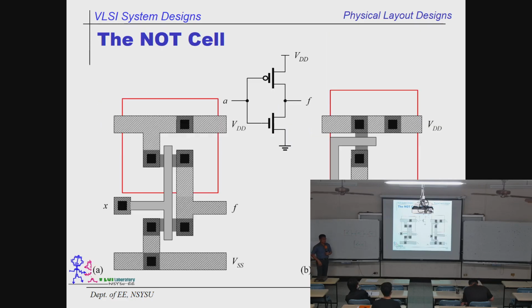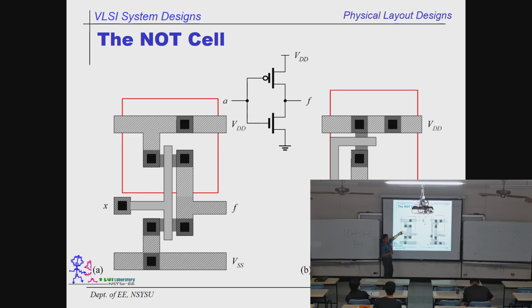Okay, now these are the designs. This is the same design for an inverter, but they have different design philosophy, totally different. Take a look at the left-hand side and the right-hand side. See that? This is the PMOS, because this diffusion is sitting in the red box.